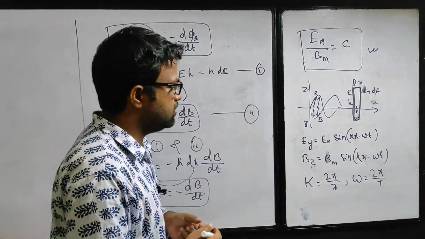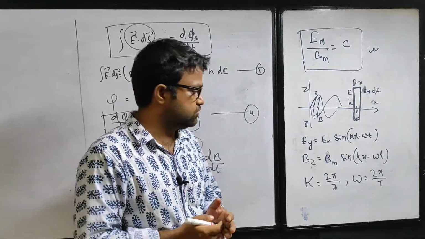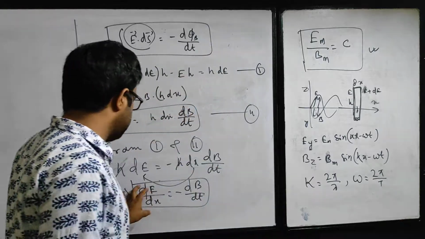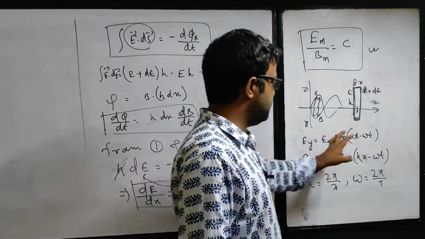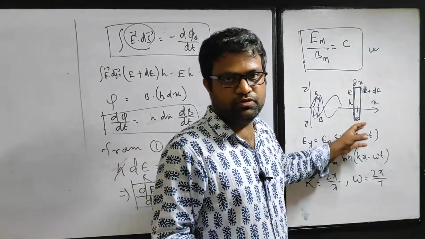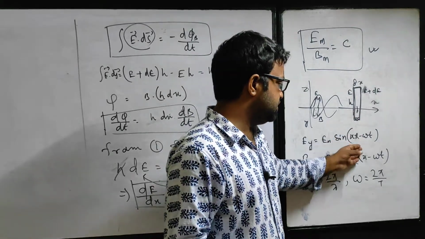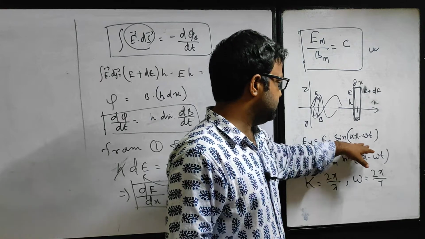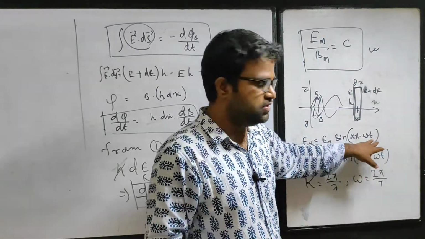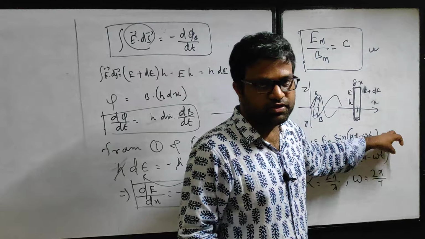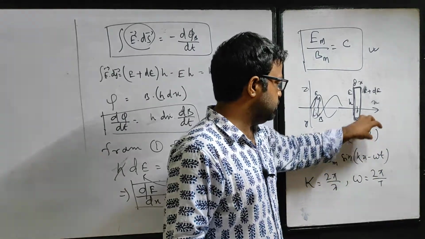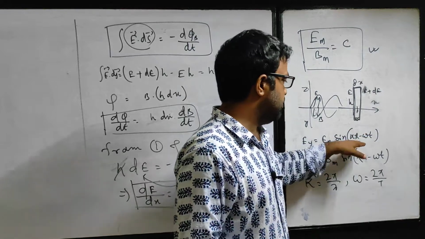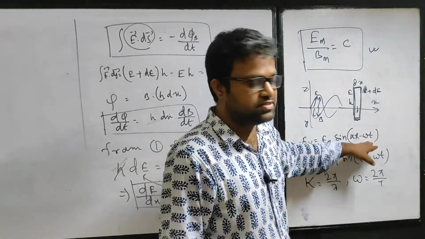So instead of this differentiation, we can find out partial differentiation. You know how to calculate the partial differentiation. Mathematics students know that if we are finding dE by dx, we'll only differentiate with respect to x. This is a function of two variables, x and t, both variables, but we'll fix one term, like we fix t and differentiate along with x only.